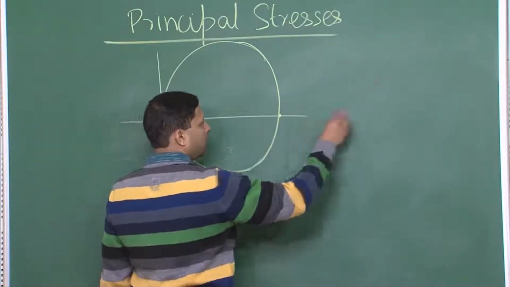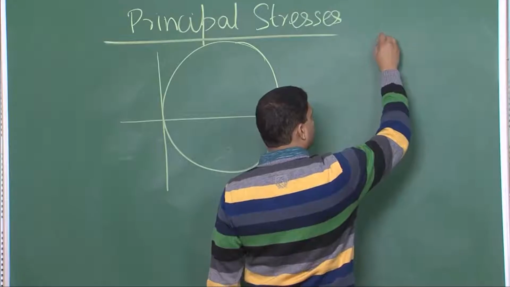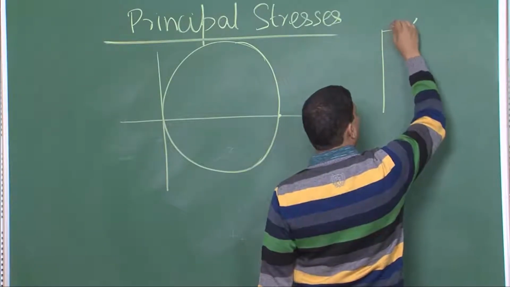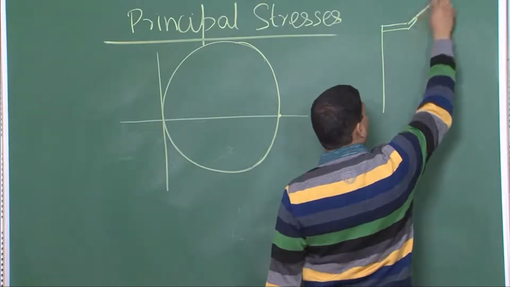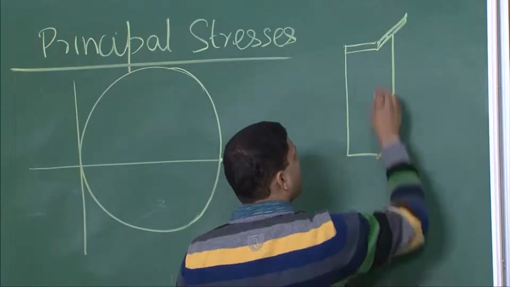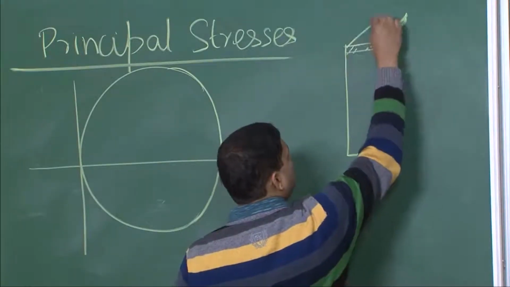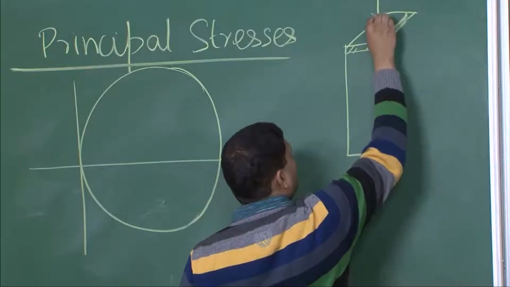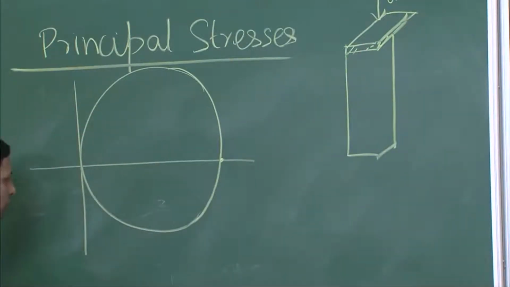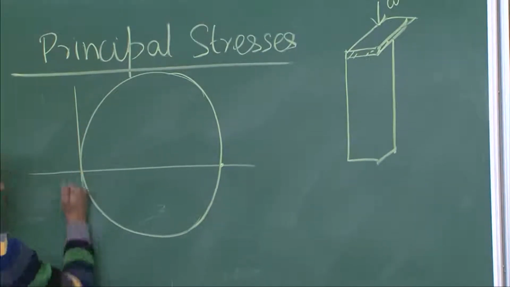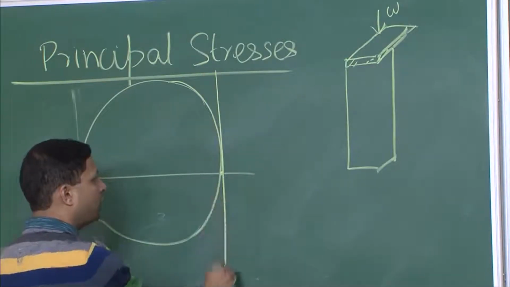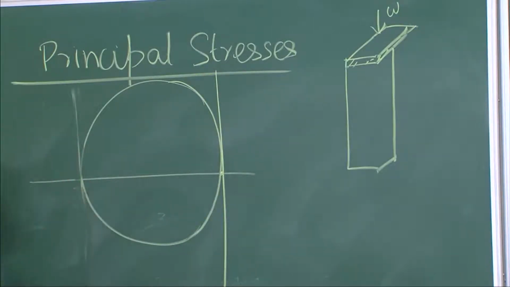You remember in this particular case there was some weight acting on this. So, this is compressive. Okay, let me be consistent and draw just the compressive part. If I draw the compressive, it means the principal stress would be on the negative side.